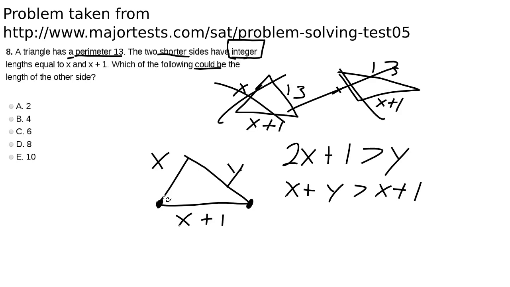Any other path that I take to get from that point to that one, if I go here and then I go here, that's a longer path. So x plus y has to be longer than the shortest path between 2 points, which is x plus 1. So x plus y has to be larger than x plus 1, and all the way around.